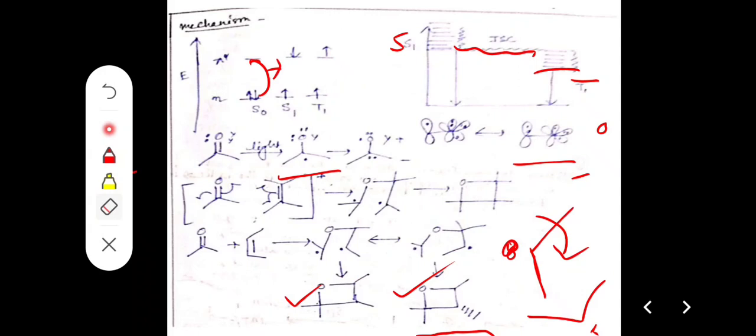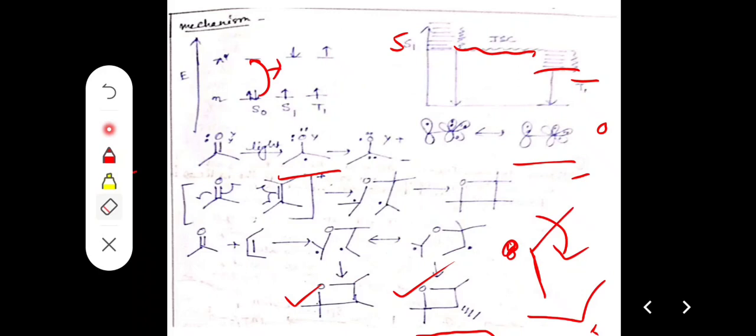We learned that S0 is the ground singlet state having two unpaired electrons. They should be paired up and their overall spin is 0, so that's why it is termed singlet, and the overall spin is plus half minus half, 0. Then when one electron is promoted to a higher excited state but its spin is unchanged, the overall spin is still 0 and the overall multiplicity still 1, so it is termed an excited singlet.